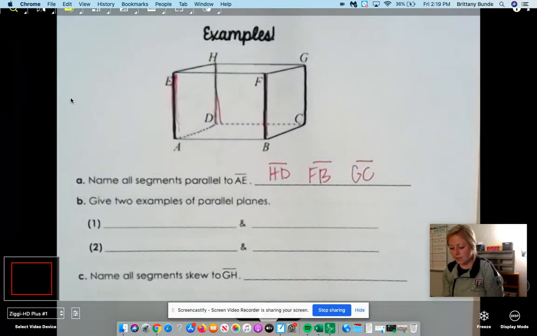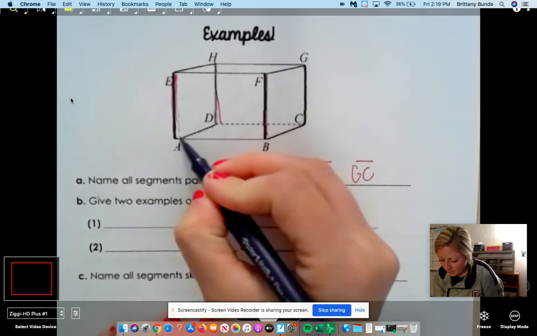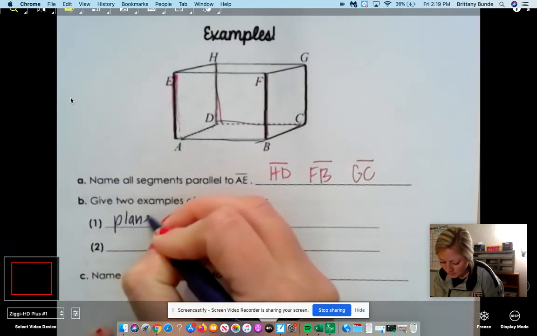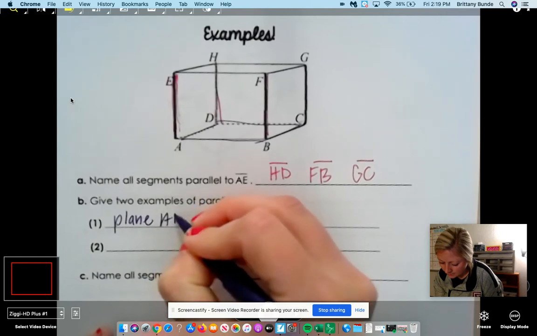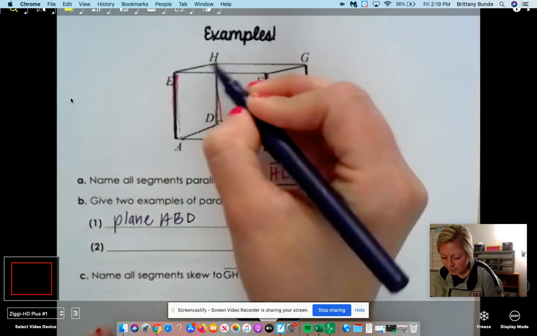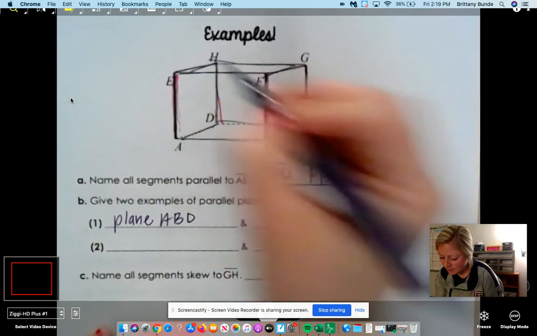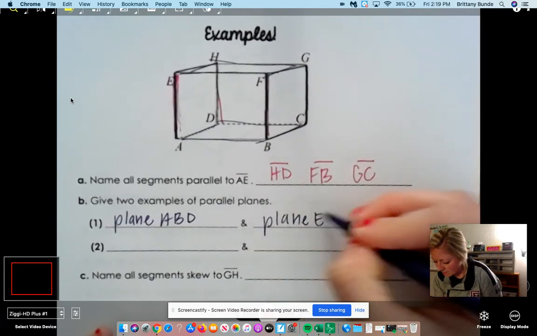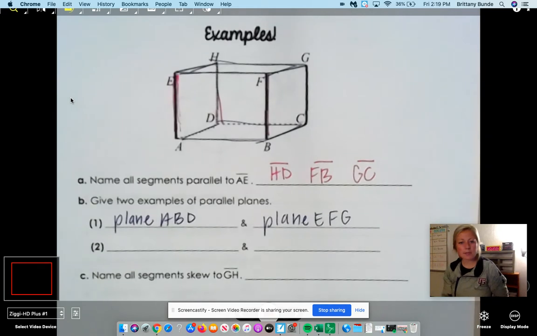Perfect. Give two examples of parallel planes. Well, an easy one would be the bottom. So plane, and I have to get three points, I'll do ABD. And then the top, plane EFG. That works.